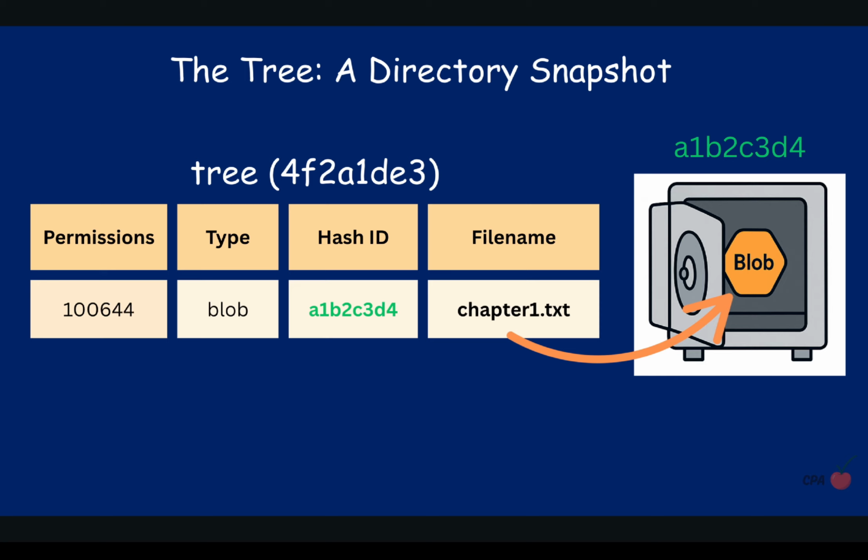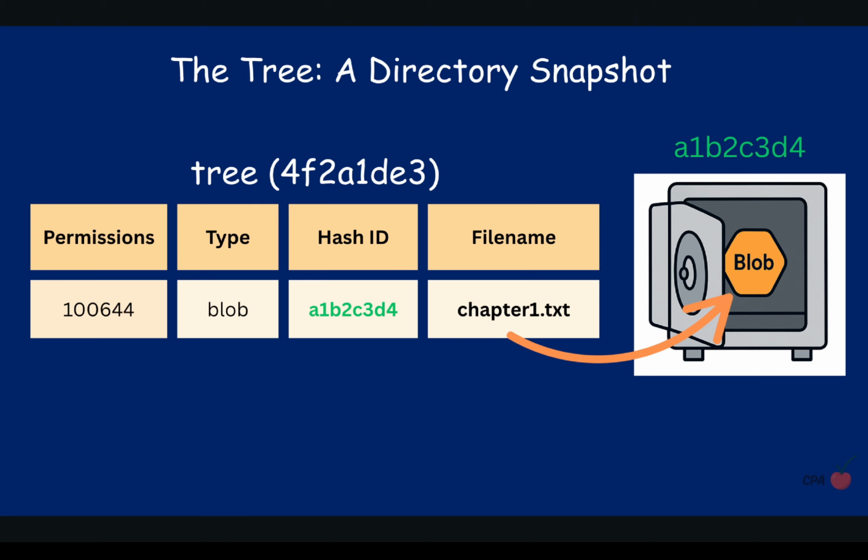Think of it as a single folder's inventory list. It's a simple text file that contains a list of all the items in a directory. For each item, it records the permissions, type, whether it's a blob or tree, basically whether it's a normal file or a subfolder, hash ID, and the file name.